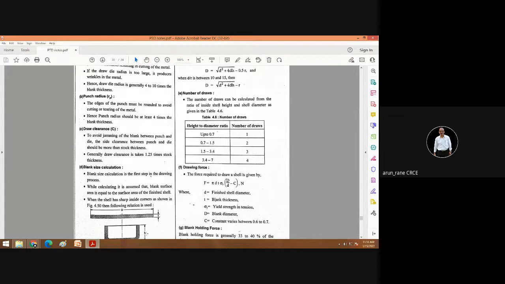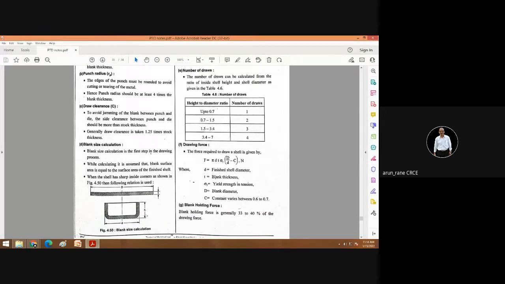So this is your height and this is your diameter. So if the height to diameter ratio is more than 3.5, that means what? It is very deep. That is called deep drawing.